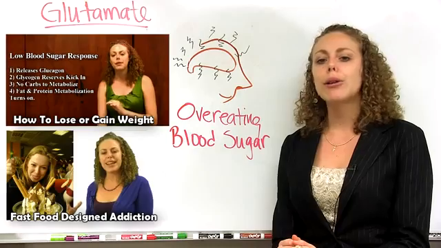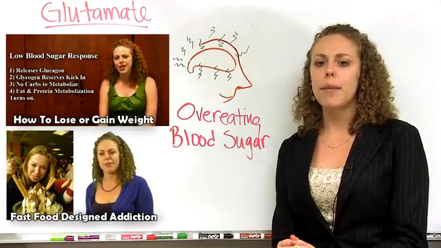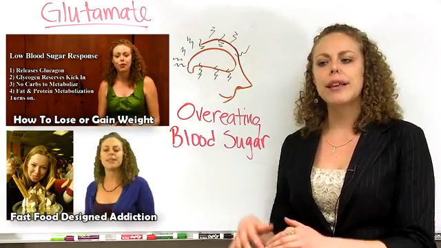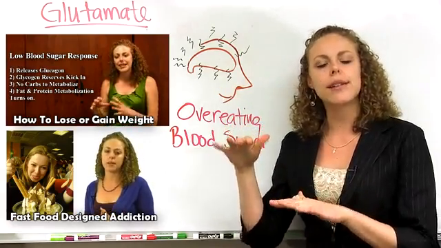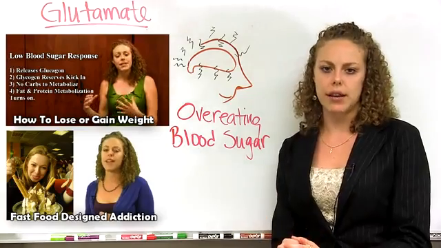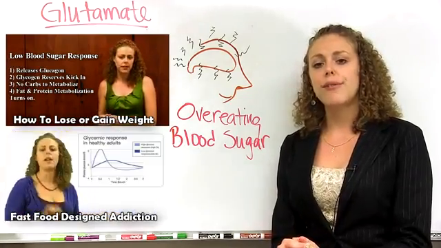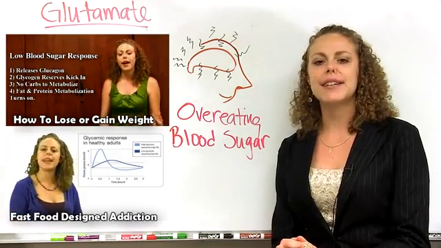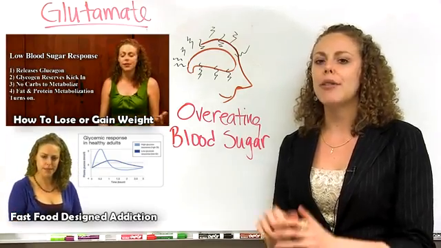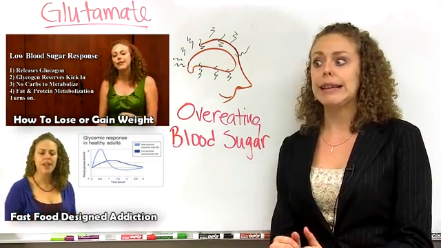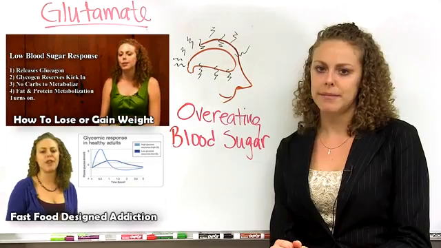In the video, How to Lose Weight, Gain Weight, or Maintain Your Weight, I explain in detail how these rapid blood sugar swings actually cause overeating and cause weight gain. In the video, Fast Food Designed to be Addictive, we further explain how these blood sugar swings affect our appetite and our inclination to overeat.